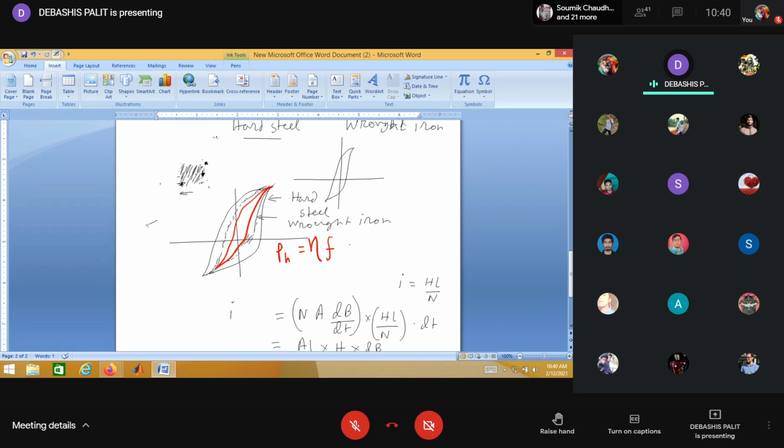Whenever an alternating supply voltage is there, F cycles are generated per second. Then B max is the maximum flux density to the power 1.6, times V, the volume of the specimen core. So pH equals eta F B max to the power 1.6. This 1.6 is the Steinmetz index.